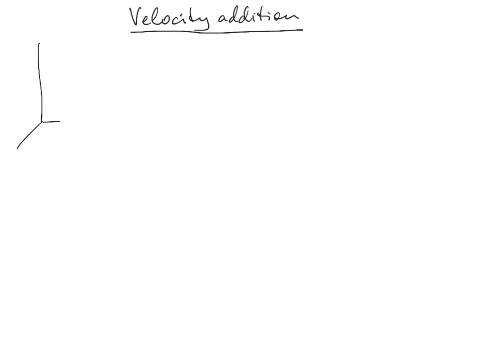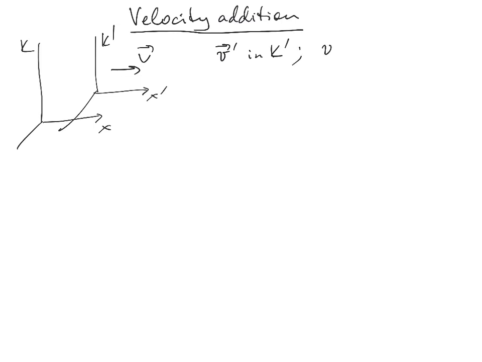We have a reference frame K and a reference frame K prime, which moves with velocity v in the x direction with respect to K. We know the velocity v prime of a body in the reference frame K prime, and we would like to know what is the velocity of this object in K. So in classical mechanics, we simply add v to v prime.